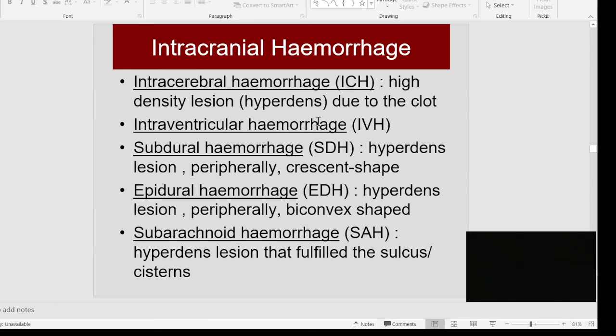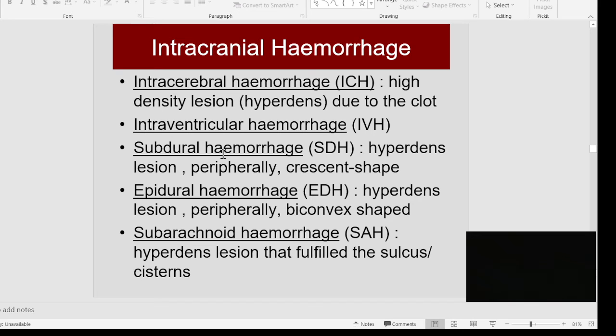So intracranial hemorrhage shows high density lesions, hyperdense due to the clot. Intraventricular, what is its appearance? Is it hyperdense or hypodense?